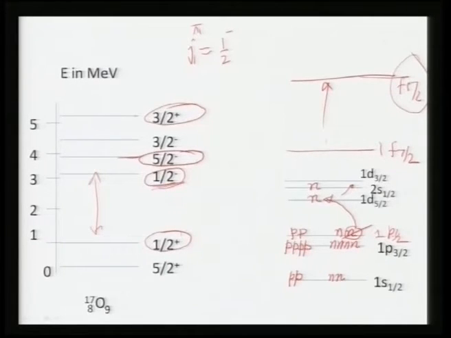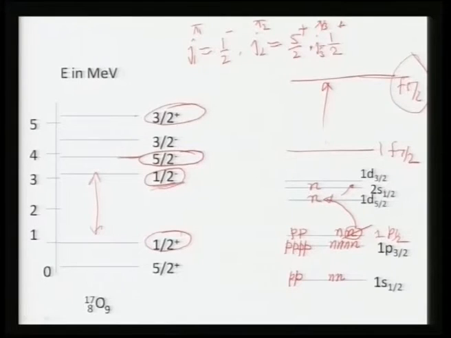P means L equal to 1, parity negative. Then one neutron is here in d 5/2, so J2 is 5/2 and parity is plus, and then you have the third one sitting here, s 1/2. So, J3 is 1/2 and parity π3 is positive, as it is s.